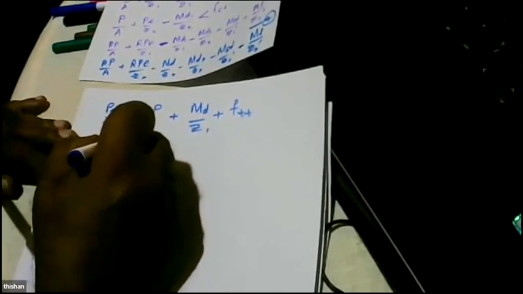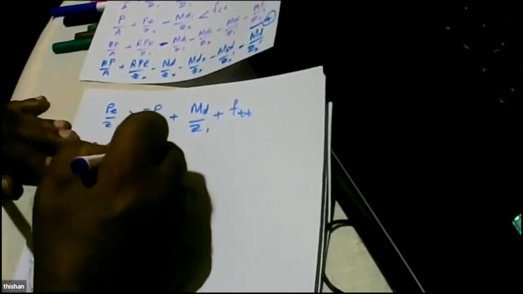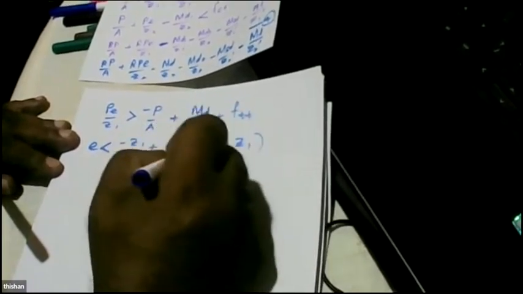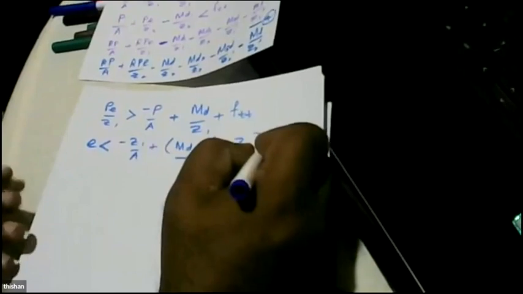If you multiply it, because here Z1 is a negative quantity, the inequality will change. e should be less than minus Z1 over A plus MD plus FTT Z1 divided by P. So this is equation number 5.